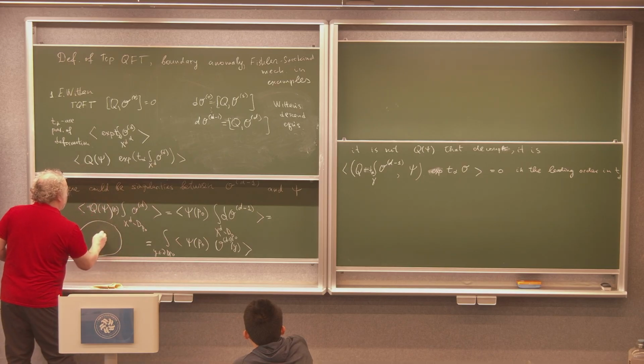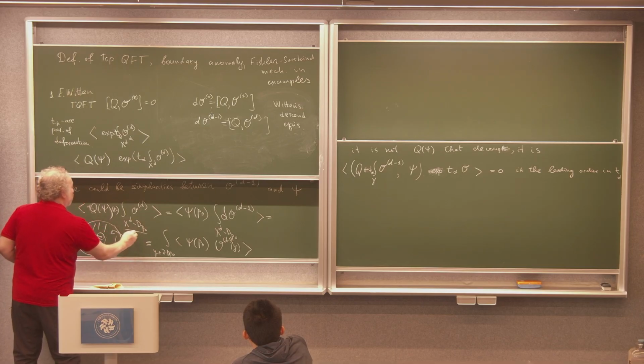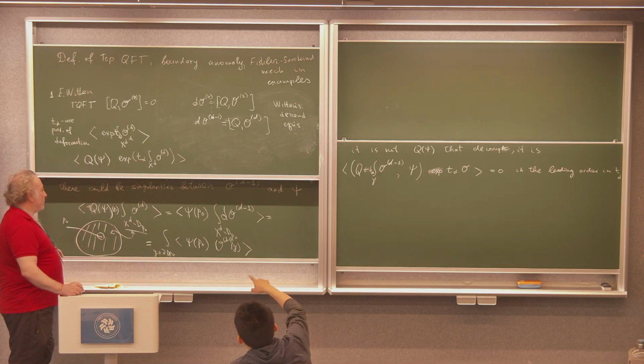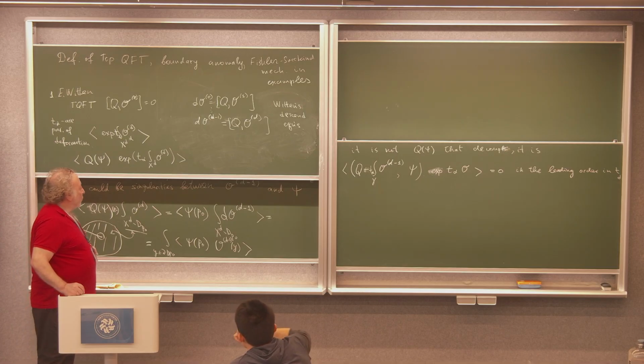I'll draw a picture. Actually, I don't quite understand why we assign d and d minus 1 both to those observables and to the integrating domain. So what's the meaning of d?